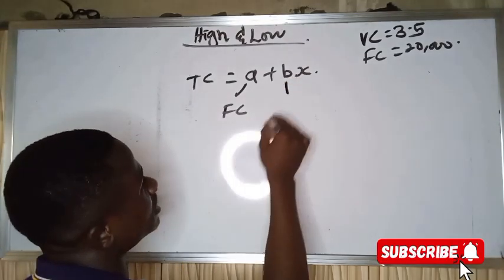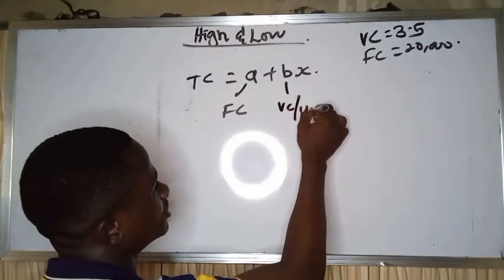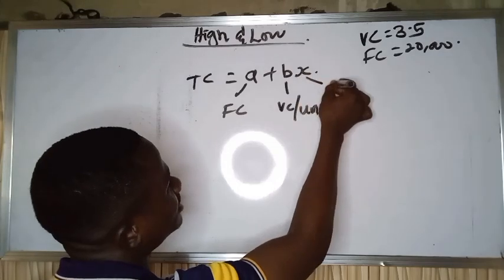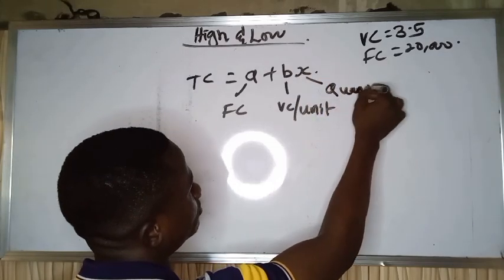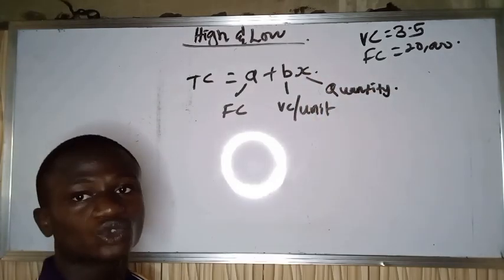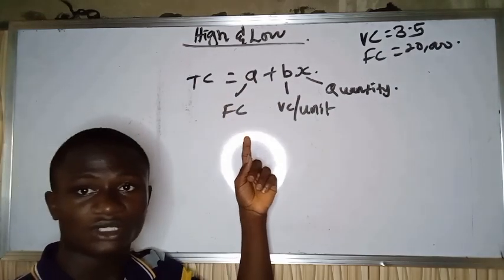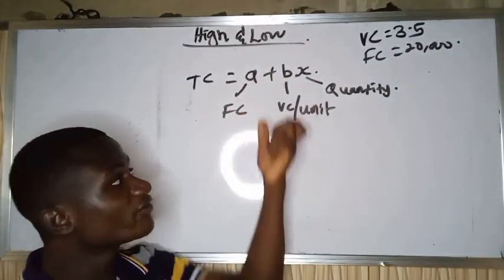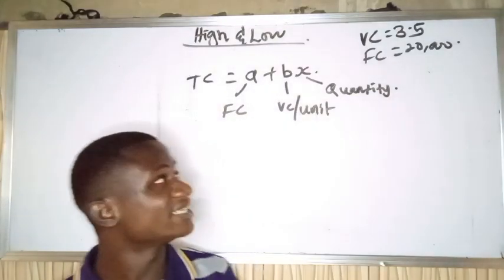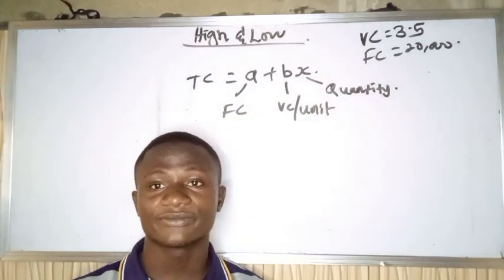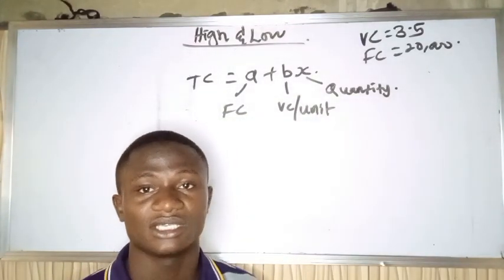This B is your variable cost per unit, and this X stands for your quantity. That means your total cost is equal to your fixed cost plus your variable cost per unit multiplied by the quantity you are producing, because variable cost changes with the level of activity, level of output.